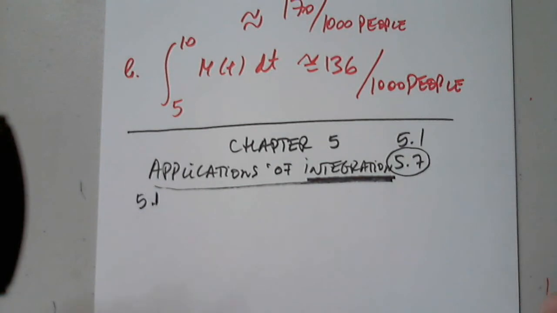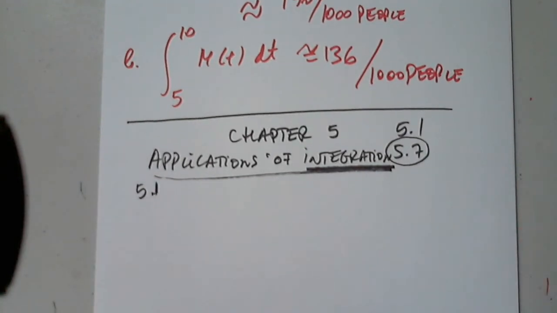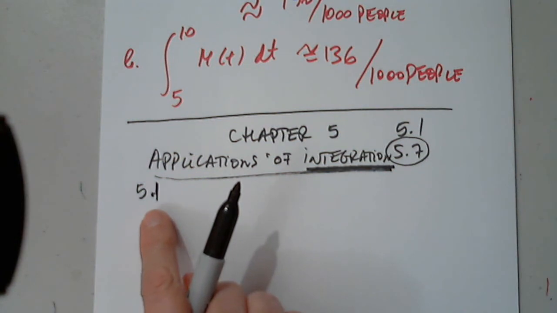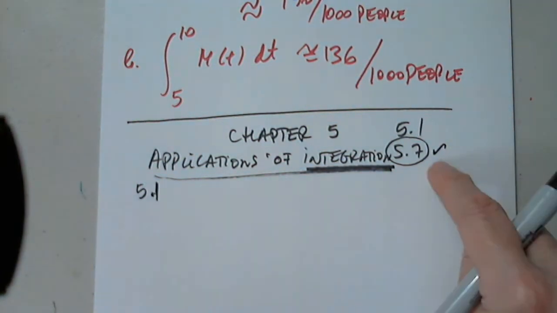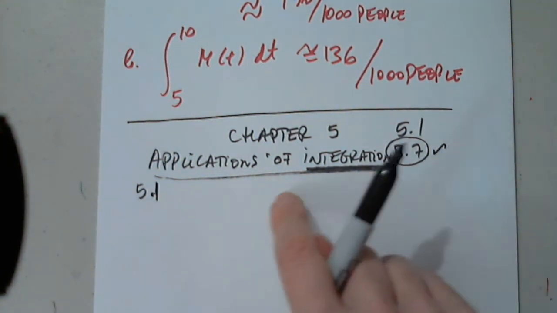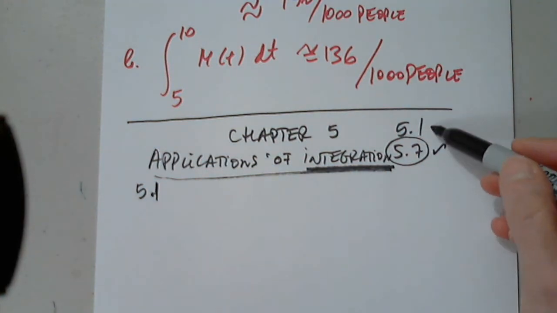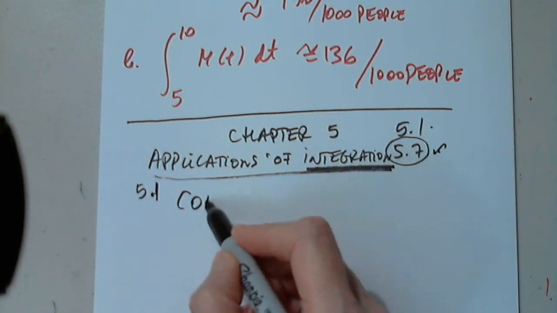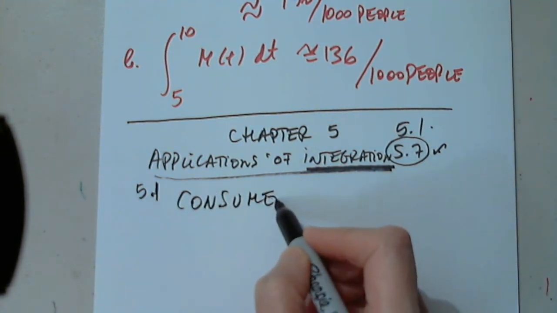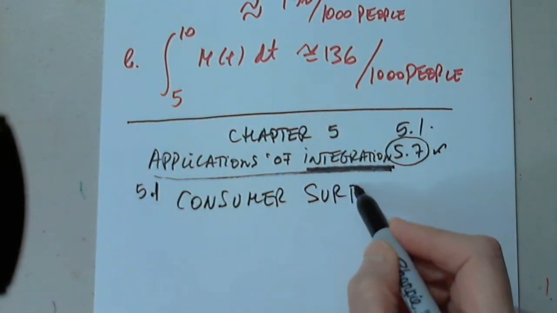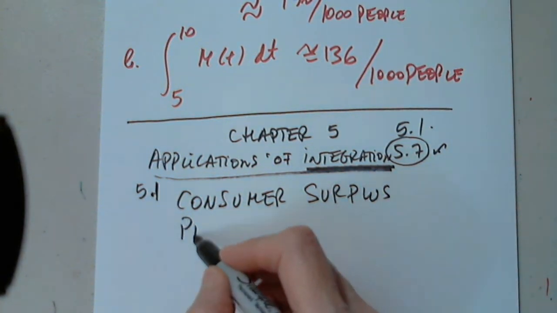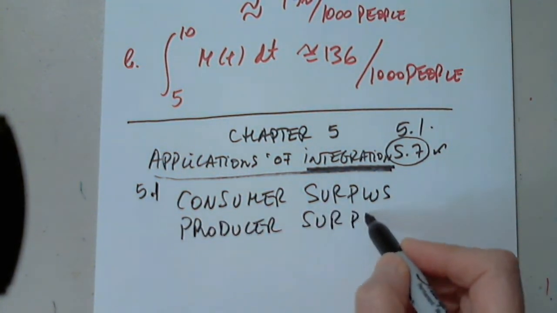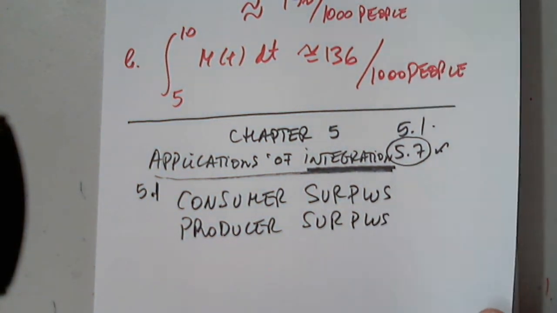The indefinite means a family of functions, the most general antiderivative. So now the first application that we are going to look at, the second one is in 5.7. So 2 applications of integration, 5.1 and 5.7. In 5.1, we're going to look at something called consumer surplus and producer surplus. Okay.